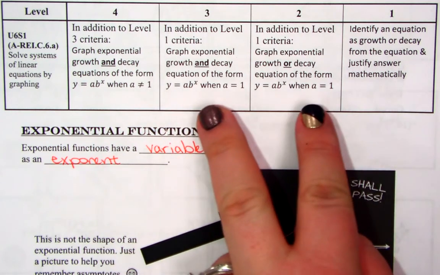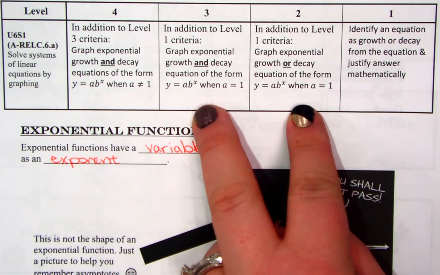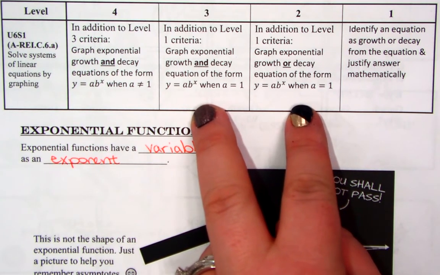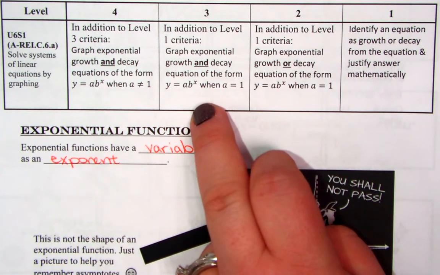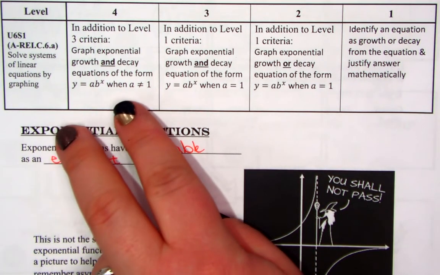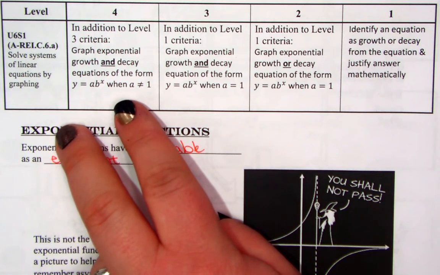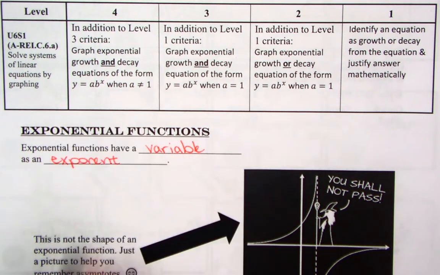Level 2 and 3 are essentially the same thing, except in level 2, you just have to be able to graph one of the two kinds of exponential equations, either growth or decay, when A is 1. Level 3 is you can do both growth and decay when A is 1. And for level 4, if A is not 1, you should be able to do both growth and decay.